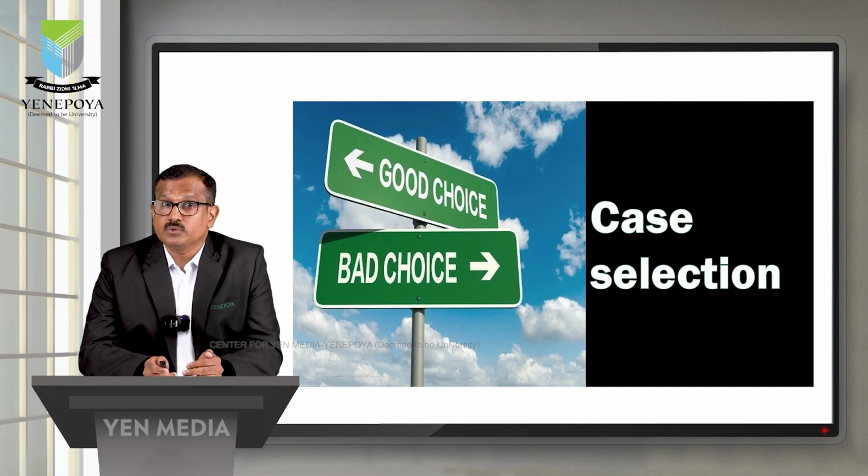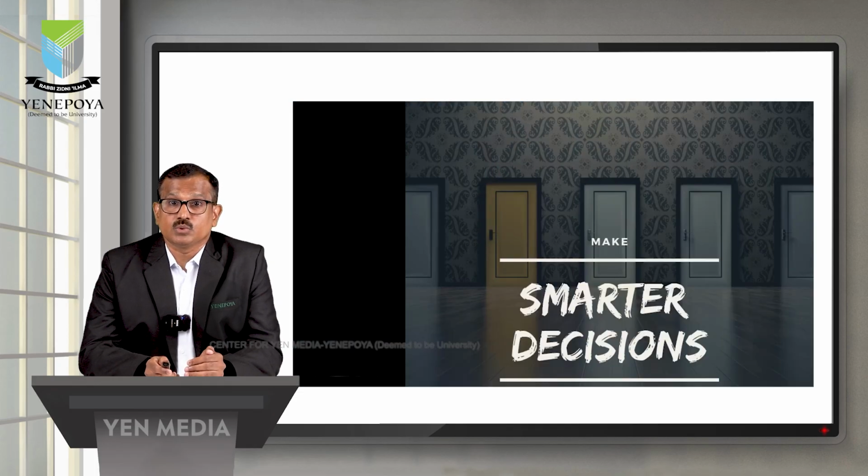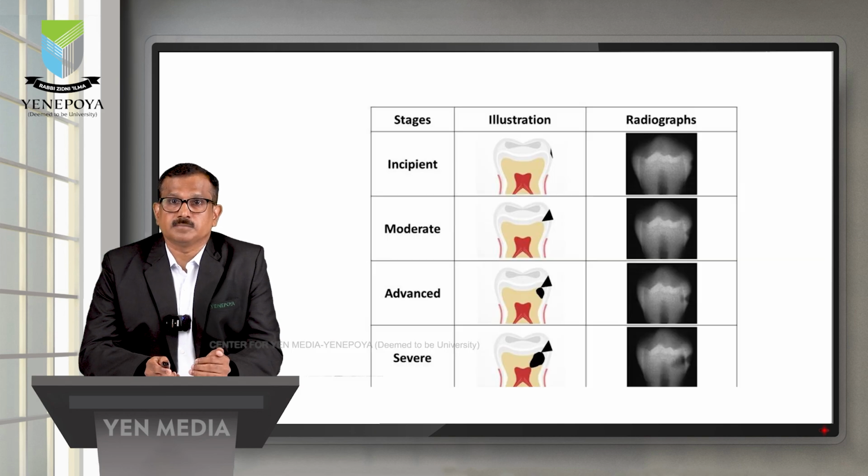So we will have to select the case accordingly. Many factors are there which might not be part of this discussion because that will take a long time. Let's basically understand that with the correct location of caries and the oral habits of the patients, let us choose the right material, the different types of composites. These are all smart decisions. It all comes through your clinical practice; as and when you get experience, you take smarter decisions faster.